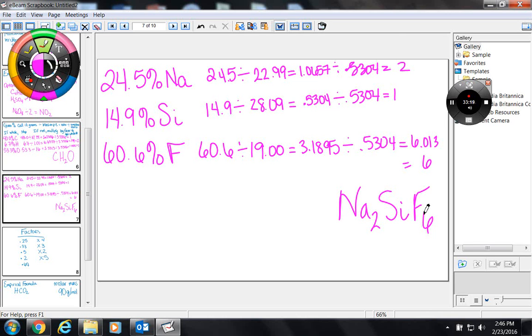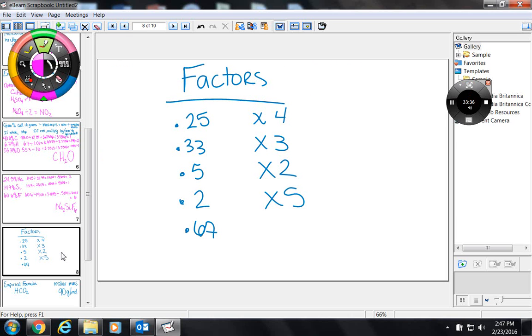What if I get 0.2? That's 1/5, so I'd multiply by 5. So your factors are these.